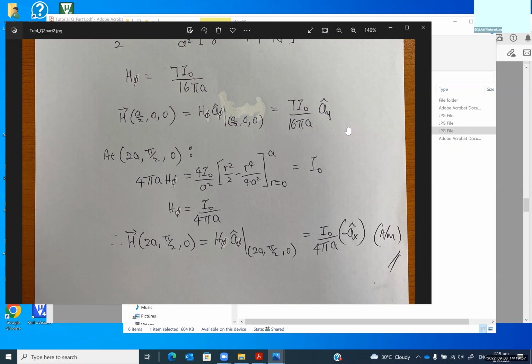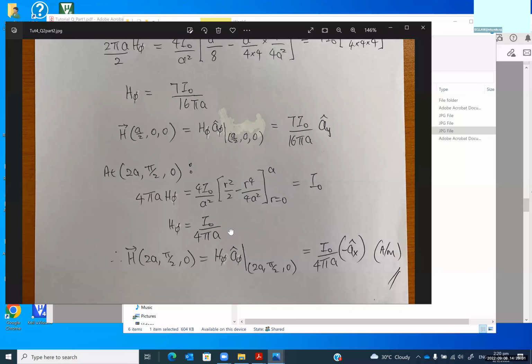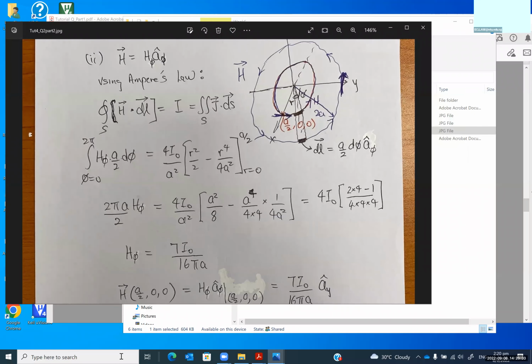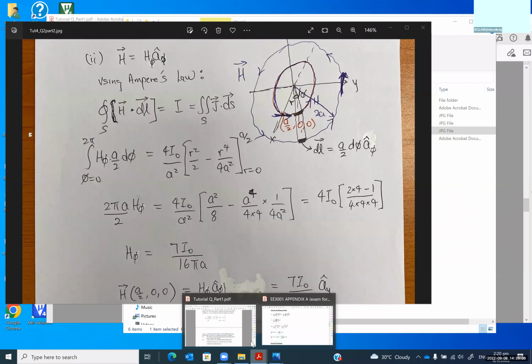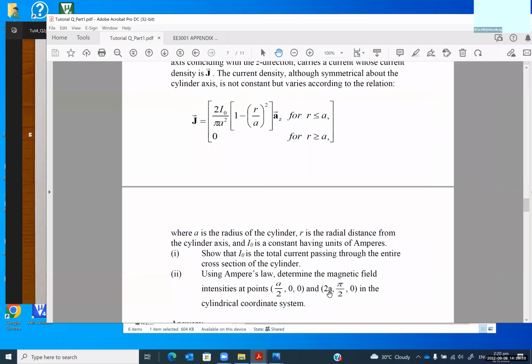Now we go and work out the second point. The second point is where the radial distance is 2a, angle phi is pi by 2, and z is 0.